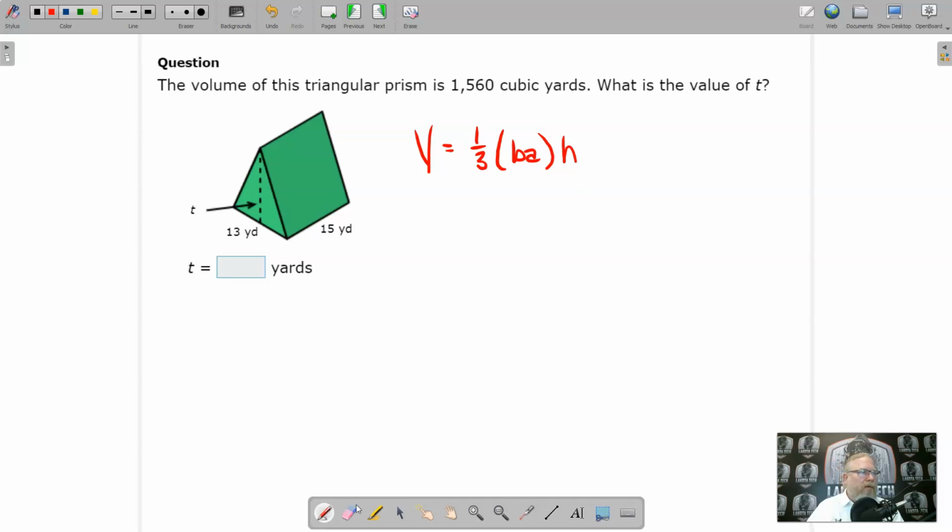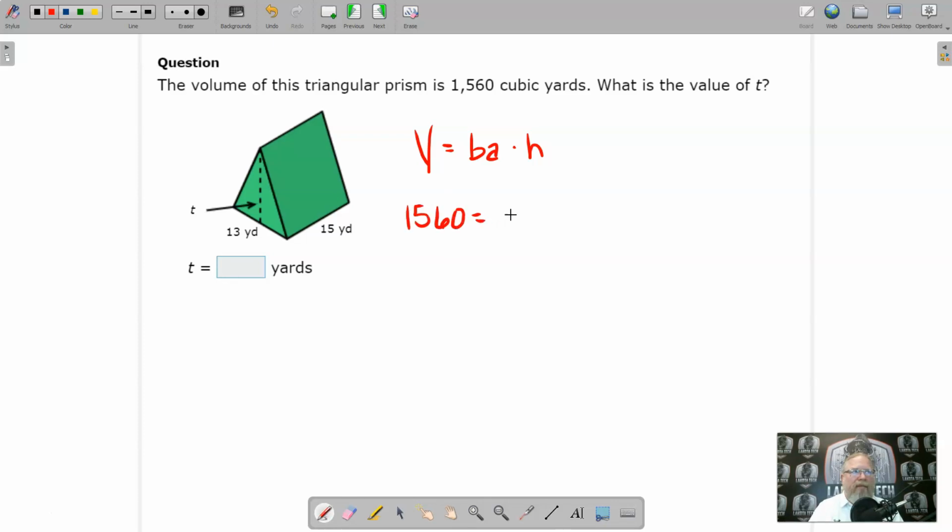So wrong. It's not a pyramid. I don't need the 1/3. So I have the base area times the height, right? So in this case, they do give us the volume. I seem to be lost here today.